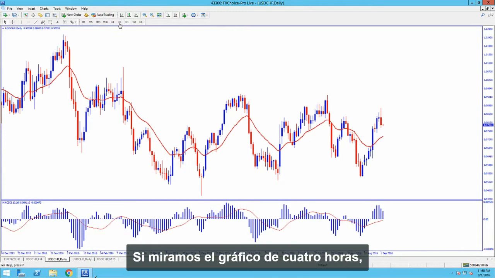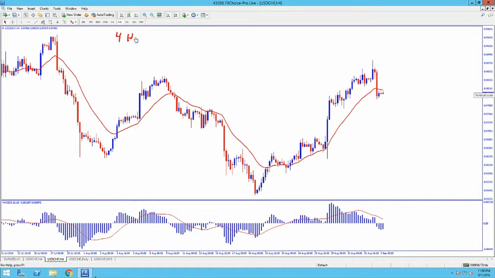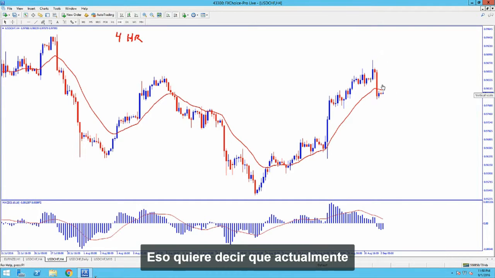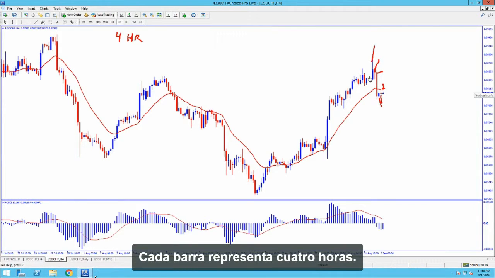If we look at a 4-hour chart, what that means is this is an H4. That's a 4-hour price bar. That means that each bar has lasted 4 hours of trading. Each bar represents 4 hours.